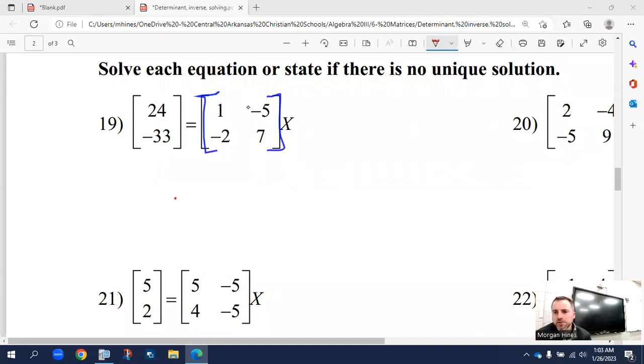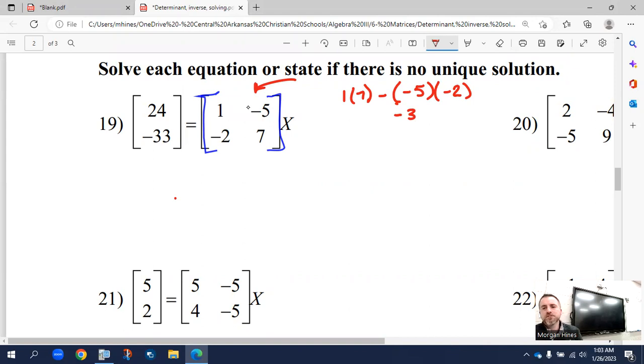Step numero uno, let's find the determinant of the matrix that's boxed in blue. So that is just going to be 1 times 7 minus negative 5 times negative 2. So 7 minus 10 is negative 3. That's the determinant.